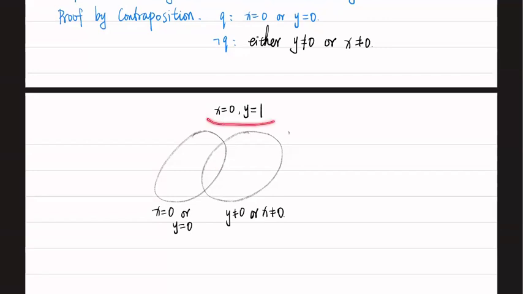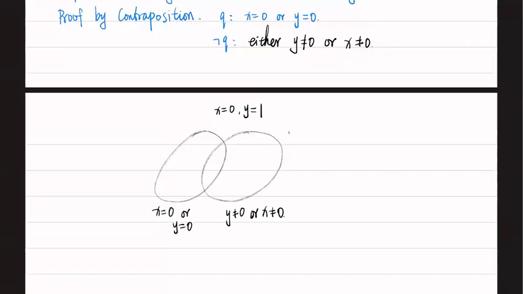Aaron, does this satisfy this statement? Does this satisfy the negation? Well, I guess, yeah, because Y is not 1.